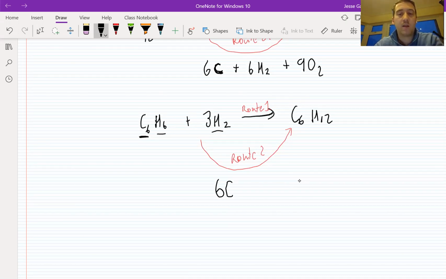Plus the other element here is hydrogen. Hydrogen exists as an element as H2. So altogether, I've got 6 carbons and I've got 3 times 2, which is 6 more, so 12 hydrogens altogether, and that's 6 H2s. That shows me the 2 elements that my reactants will break down into before they form the products.